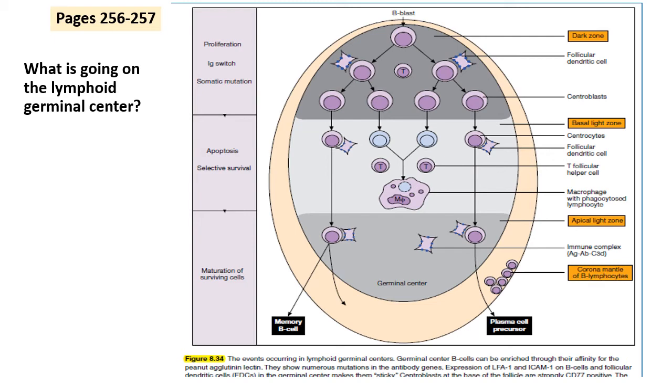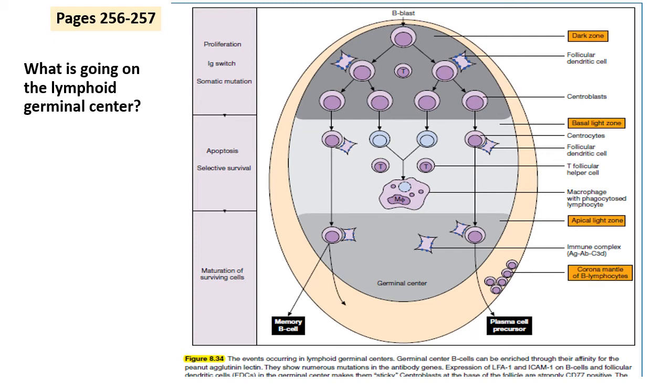In the dark zone, B cells undergo proliferation and maturation, and selection is provided by T follicular helper cells. Also, B cells might then return to the dark zone.